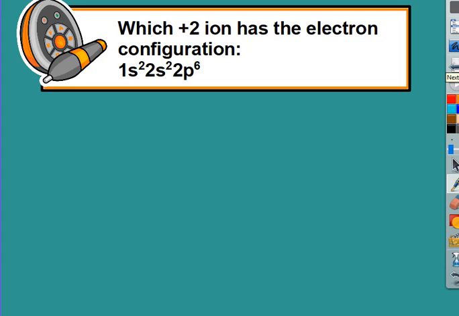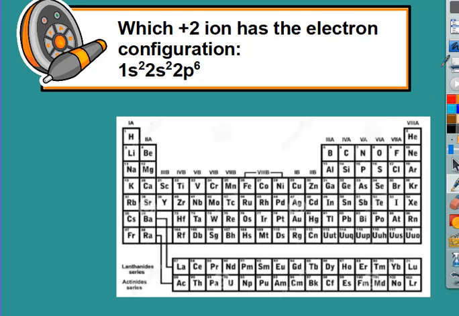This one's a little bit trickier because it says which +2 ion has this electron configuration. Go ahead and pause the video and try to figure it out. So first, I would say look at 1s2, 2s2, 2p6, and that corresponds to neon.